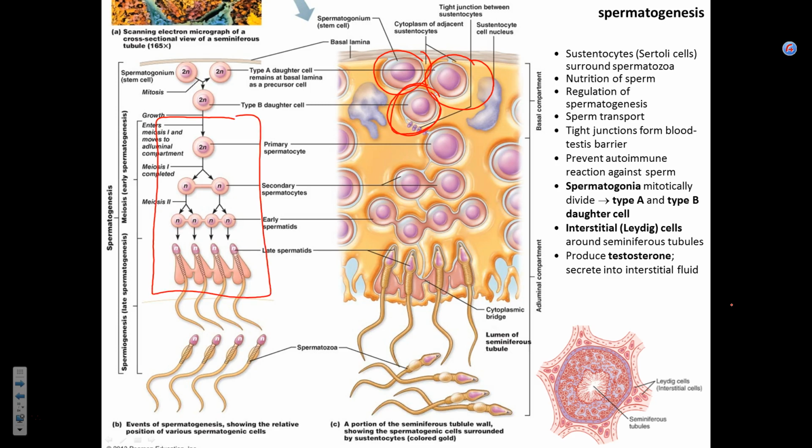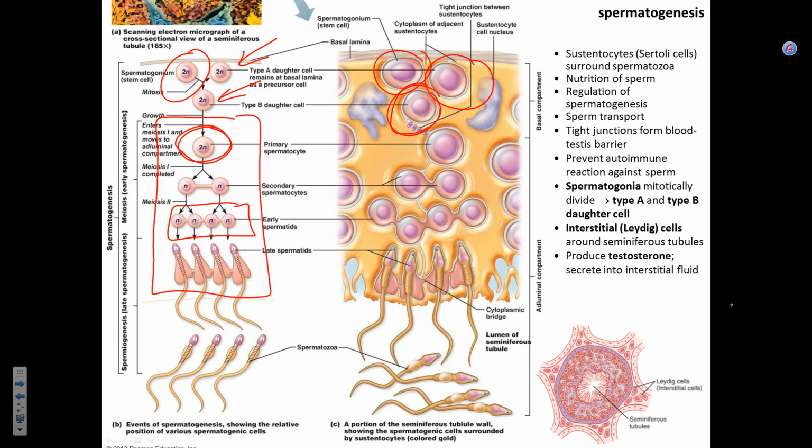And so original spermatogonia produces two daughter cells that are still diploid, and type B daughter cell enters meiosis, and the result of meiosis from one diploid cell, you have 4 haploid cells. Does that make sense?